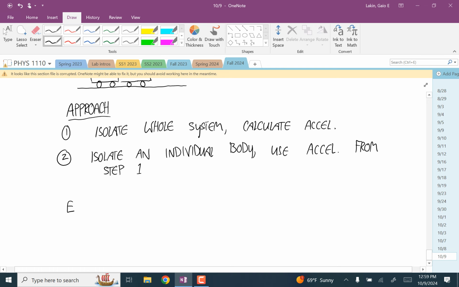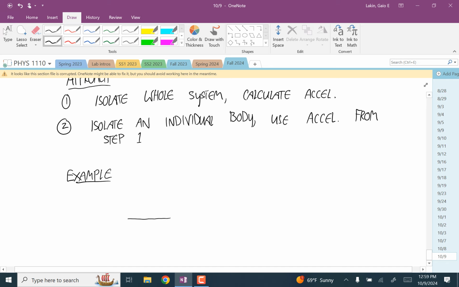Okay, so let me go through an example problem. So let's say we have a horizontal surface. And we have a 5 kilogram cart here in contact with a 10 kilogram cart here. And a 25 Newton force.